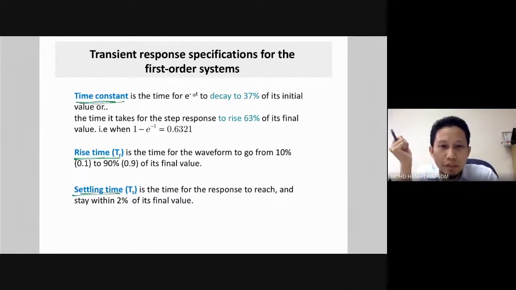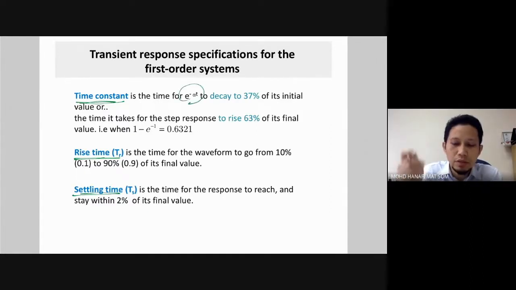Time constant is the time for the exponential negative at to decay to 37% of its initial value. Or we can define it as the time it takes for the step response to rise to 63% of its final value.